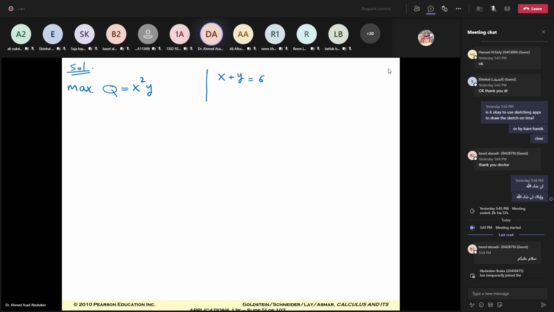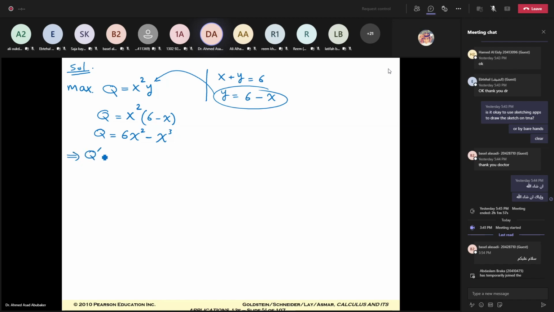This is given in the example, so we can conclude y equals what? 6 minus x. We use this relation to substitute for y and convert q to a single variable. So we have q equals x squared times (6 minus x), which is 6x squared minus x to the power 3.